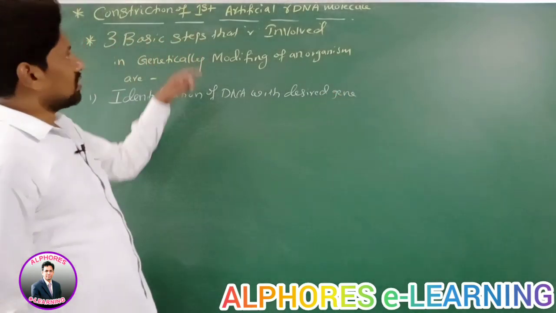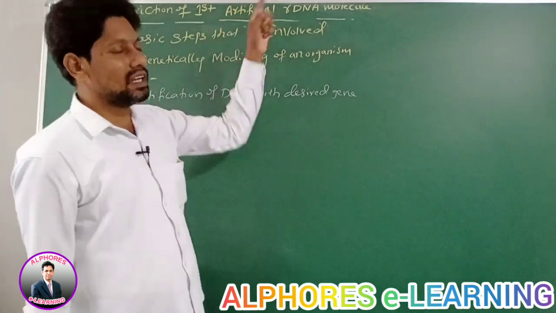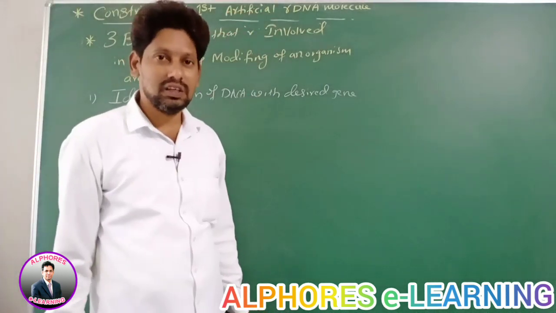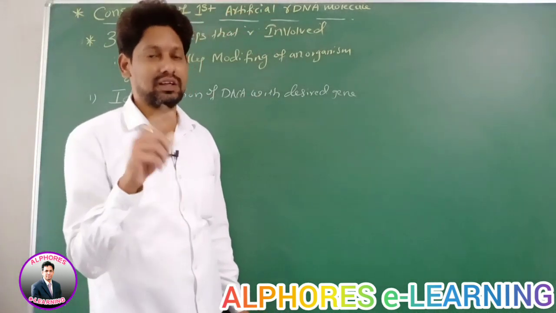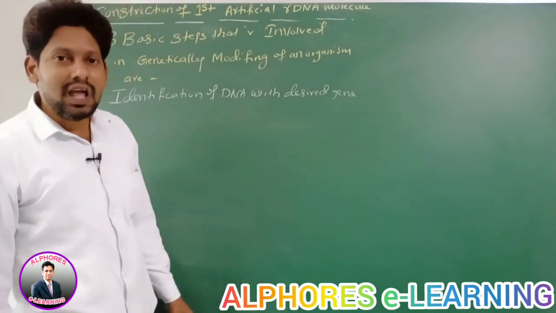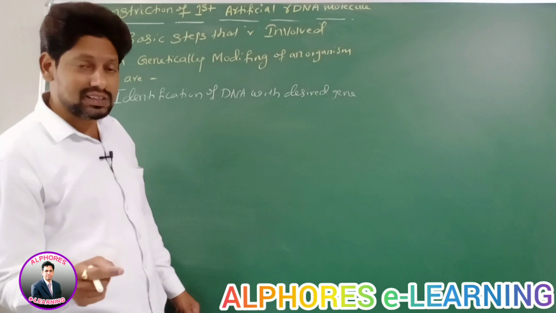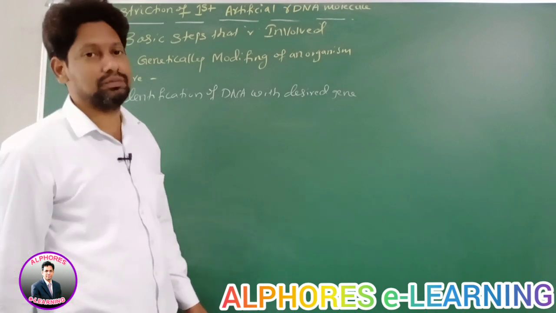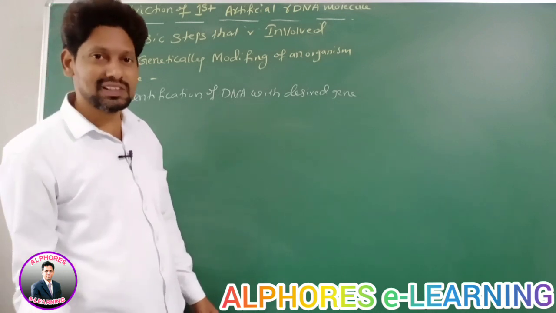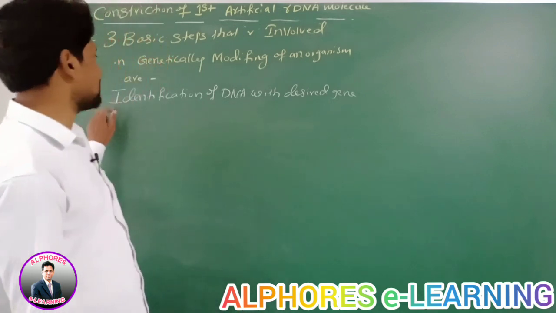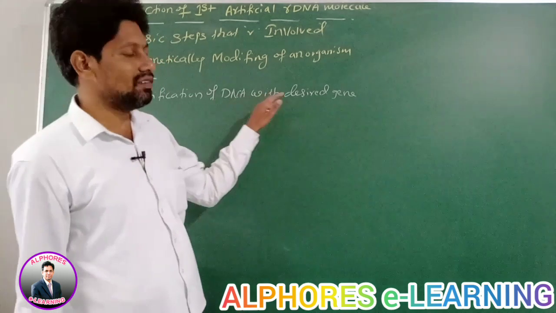In constructing the first artificial rDNA molecule, what was the desired gene? Antibiotic resistant gene. It was identified that the antibiotic resistant gene was in the plasmid. Plasmid means nothing but a double-stranded DNA. Therefore, what is the first step? Identification of DNA with the desired gene.